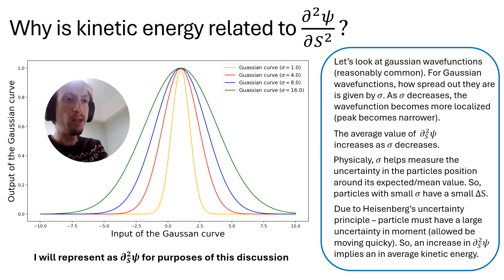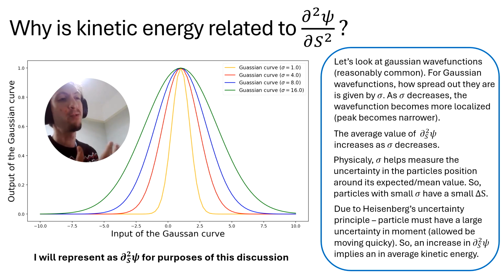So in summary, if sigma is small, the average second order derivative of the wave function is big, and if sigma is small, the kinetic energy of the particle is big, so it makes logical sense that the kinetic energy is related to a second order derivative of a stationary state wave function.